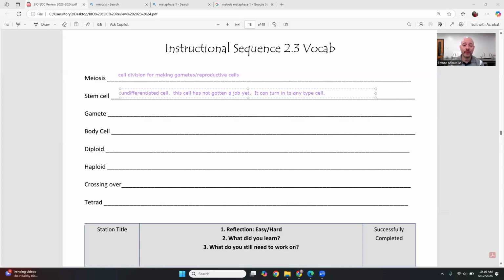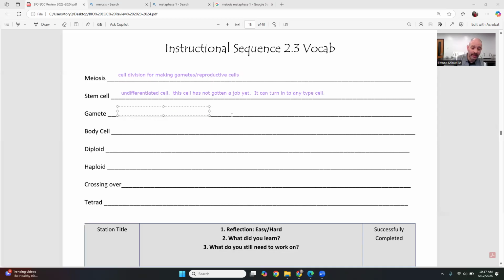These are usually associated with babies. They're the cells before they've become a liver cell or a skin cell. They have the instructions for everything. They can become whatever they need to become. Stem cells are a big area of research because stem cells, if we could use them or activate them, could help us regrow things or grow new organs for you that we don't currently have.